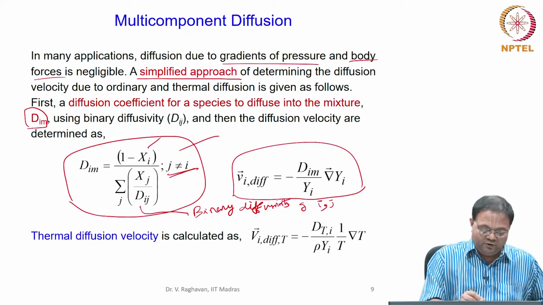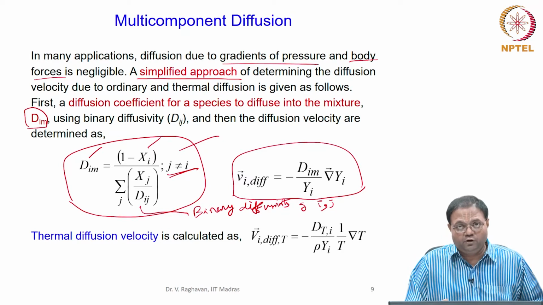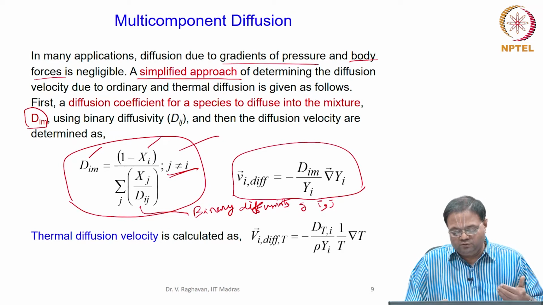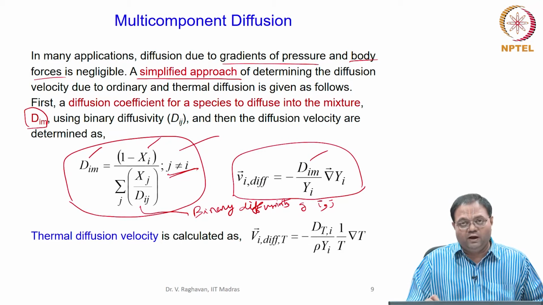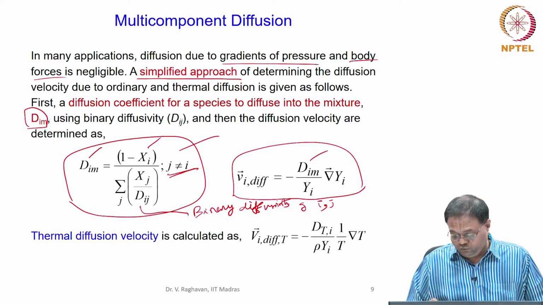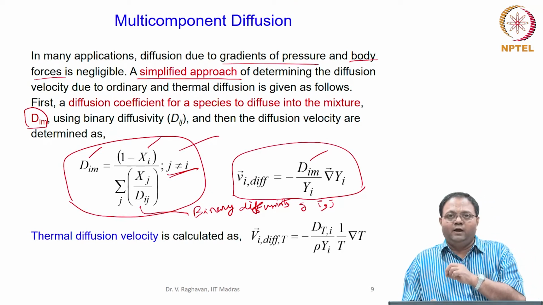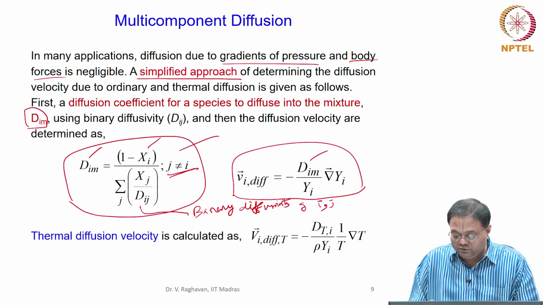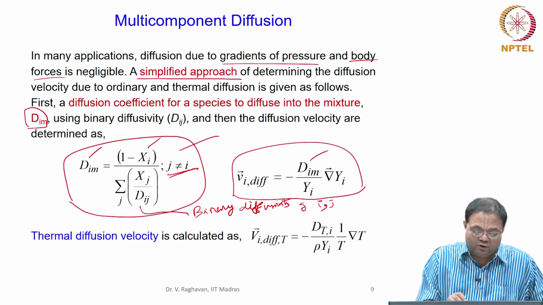Once I know the value of DIM, I substitute here: Vi diffusion, due to ordinary diffusion, will be equal to minus DIM by xi into the gradient of xi. Instead of DAB, I put minus DIM, which is calculated using this.